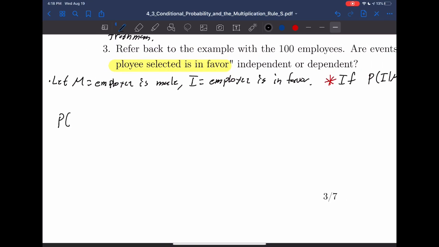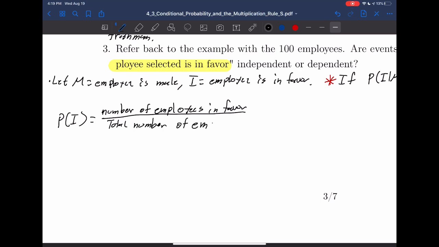So let's check. The probability of a person who is in favor of the policy is just the number of employees who are in favor divided by the total number of employees. In this case, it will be 19 over 100.